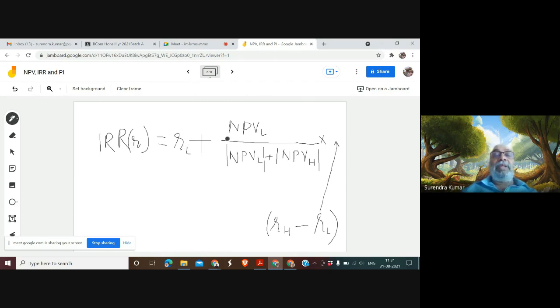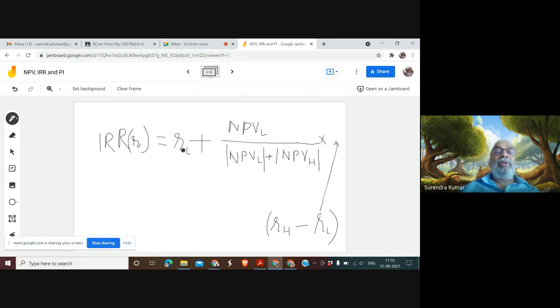These values we have already calculated in our previous sheet. So we apply these values using this formula to find the internal rate of return using the lower rate.